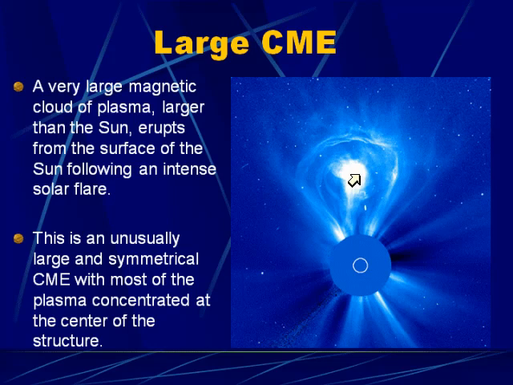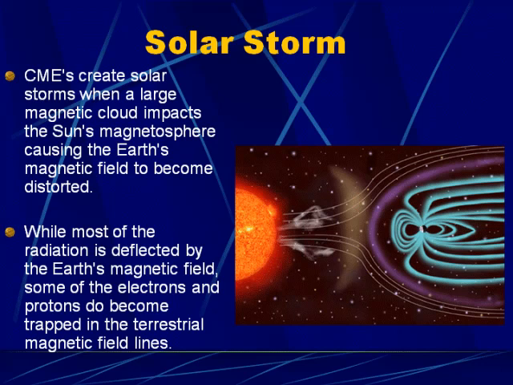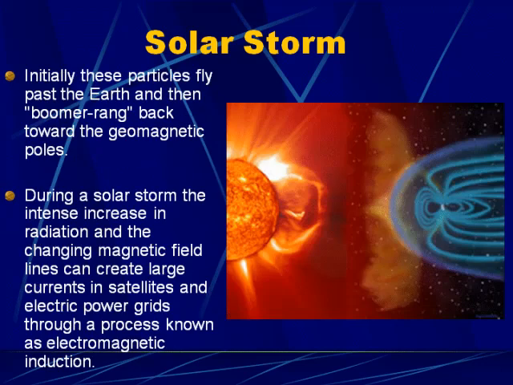Here's another large coronal mass ejection. Here's the sun. You can see that this thing's bigger than the sun itself. So on Earth, we are affected by these solar storms because as these magnetic fields hit our own magnetosphere, it squeezes the magnetosphere and it causes these particles to actually fall out of the radiation belts.